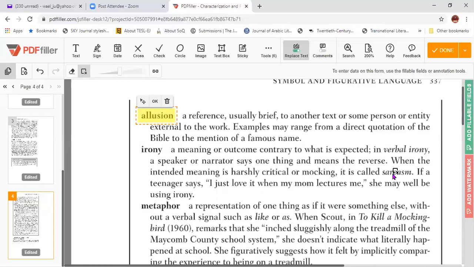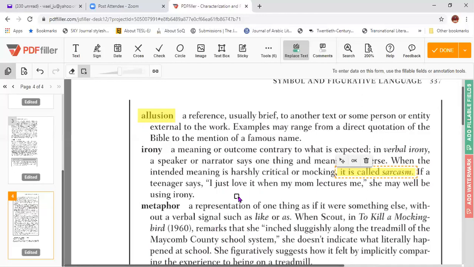Your grades are perfect. Now this is irony because your grades are not perfect, but I am saying something, but I mean something else. Now, if this criticism is very harsh and critical, then it is called sarcasm. So sarcasm is the extreme form of irony.